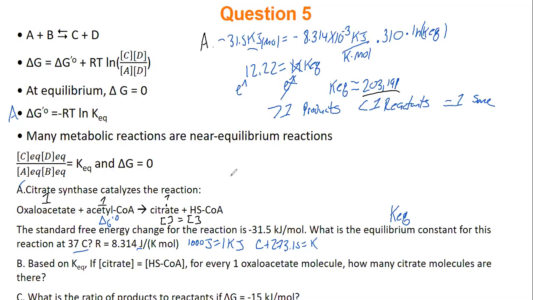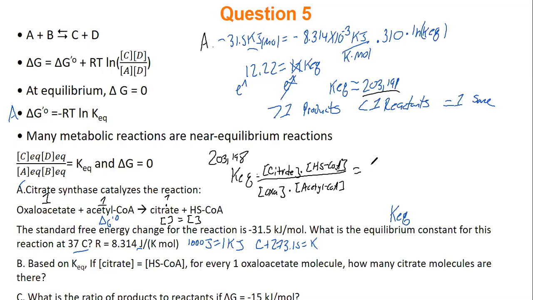All right, so KEQ from our equation up here equals the concentrations of products, so the concentration of citrate multiplied by the concentration of our other product, HSCoA, divided by the concentration of reactants, oxaloacetate multiplied by acetyl-CoA. So KEQ, we have a number for that, 203,198.